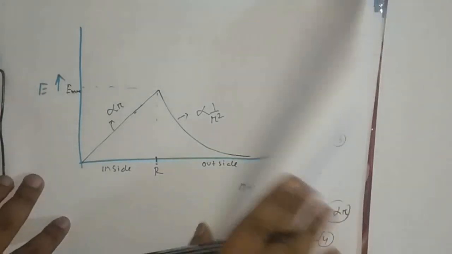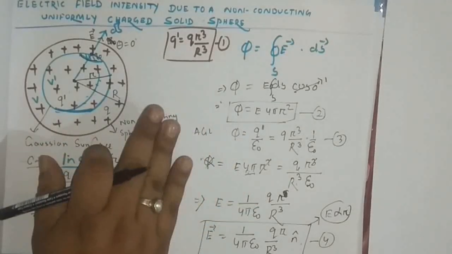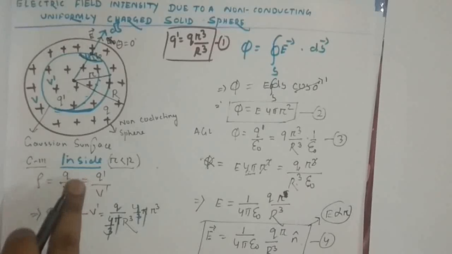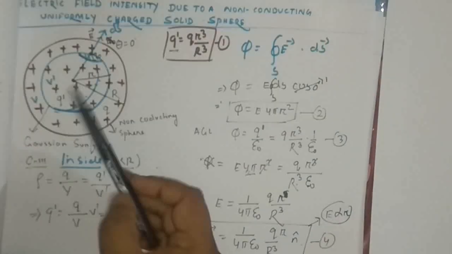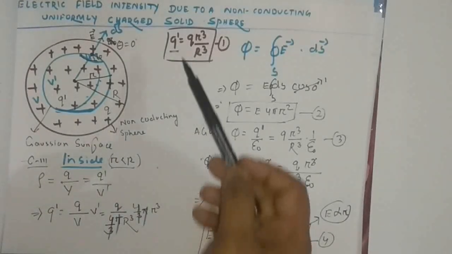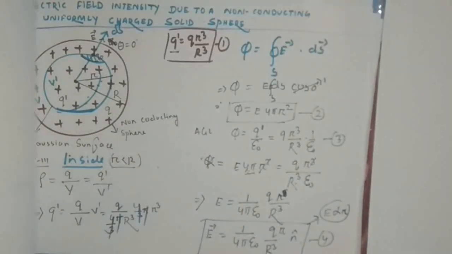Is it clear? Let me remind it again. Outside and on the surface is similar, only inside is different. Just the extra part is I have to find Q prime, because the Gaussian surface inside the sphere encloses Q prime.